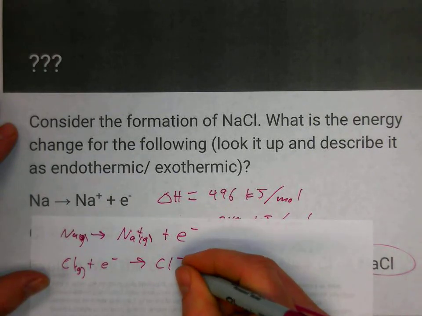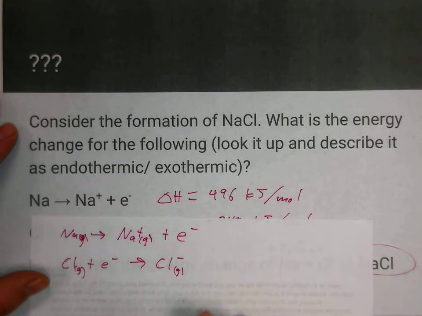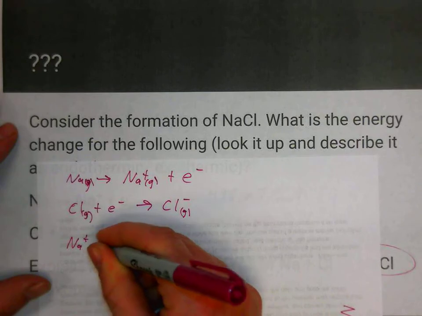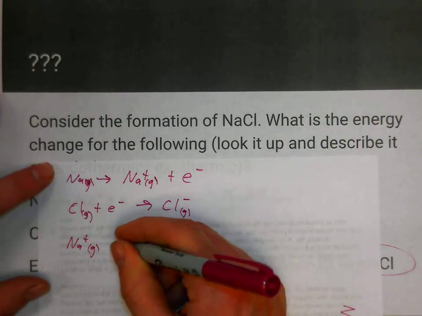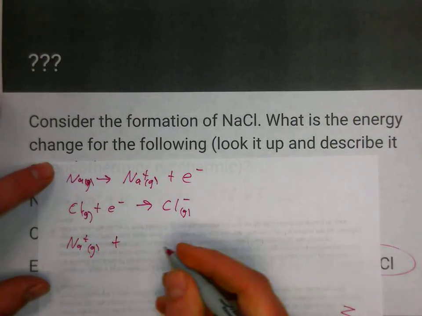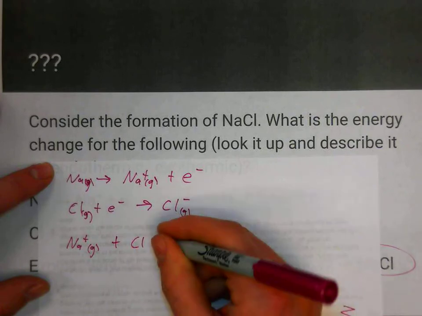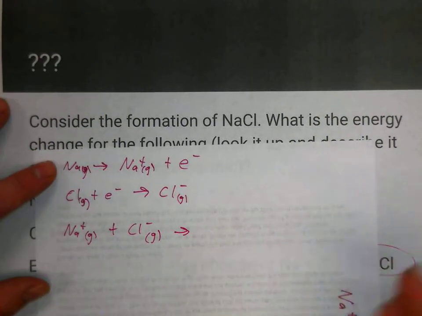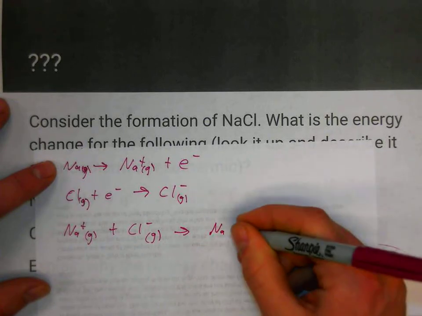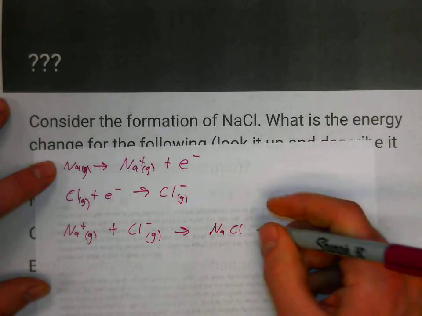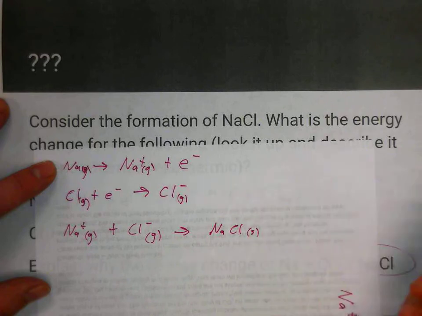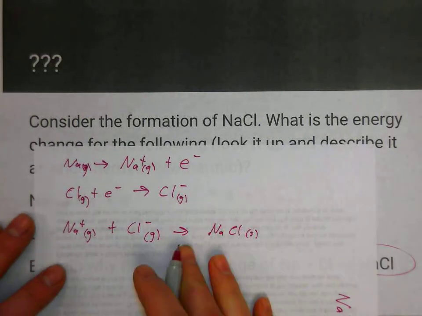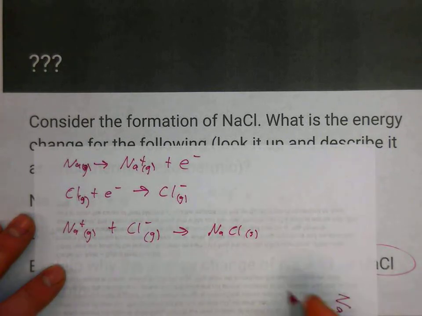So now we need to show how these ions come together. So sodium plus chloride combines to make sodium chloride. So in this process, notice that we've got to put another step into this.